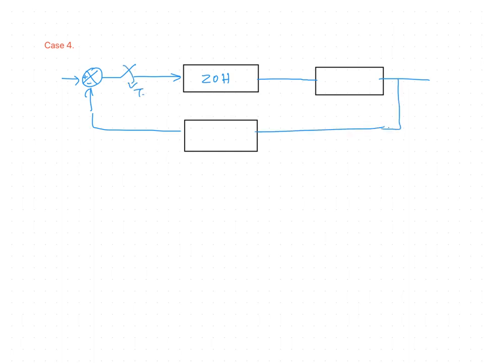So we have a sampler here, this is R of S, then E of S, then we have G of S, then we have an H of S, here we have a C of S. A fictitious sampler is there, so we have C star of S.